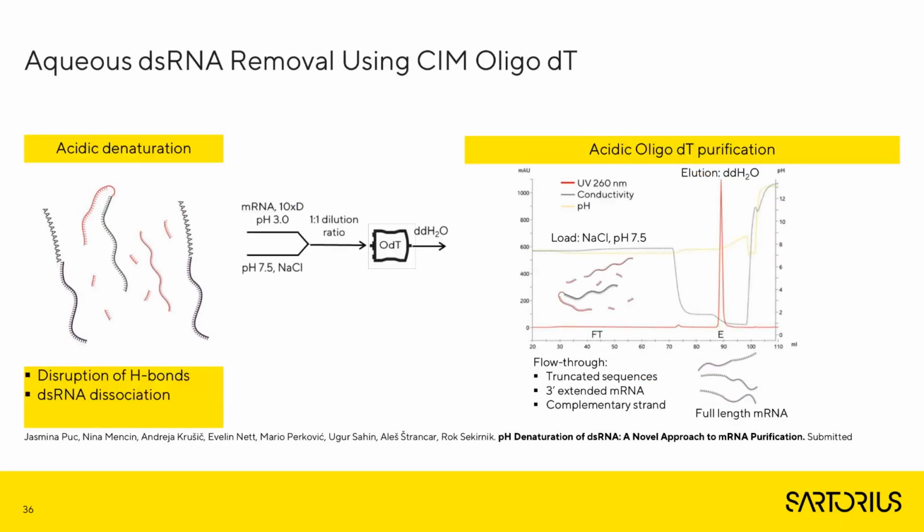In fact, when we couple this treatment with oligo dT capture, we disrupt double-stranded RNA by pH modulation, which leads to all of the strands that were previously forming double-stranded RNA now floating in solution, and then we put oligo dT as a selective ligand only for full-length polyadenylated mRNA, and we pull out just the target.